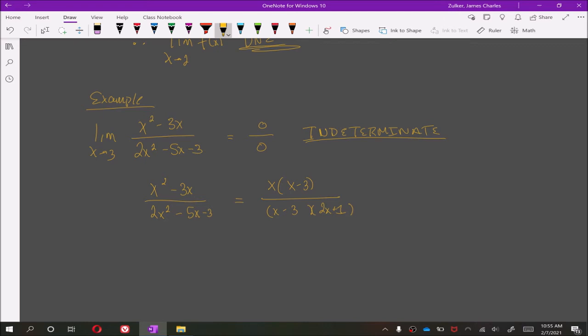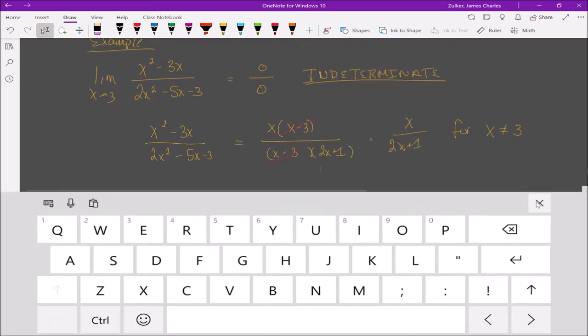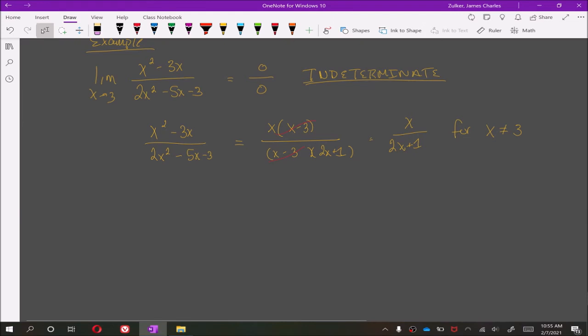Now we can cancel out the x minus 3's, and this function is equal to x over 2x plus 1 as long as x is not 3. So this g of x is equal to this f of x everywhere but 3.